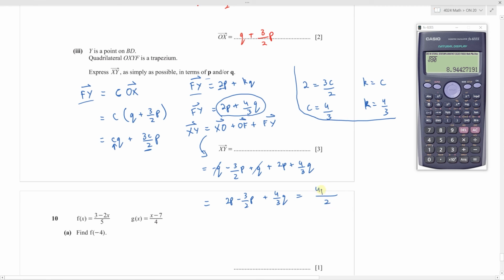This will become 4P minus 3P plus 4 by 3Q. So 4P minus 3P is 1P. So this will be 1 by 2P plus 4 by 3Q. So this is your final answer for the vector xy, which is 1 by 2P plus 4 by 3Q.